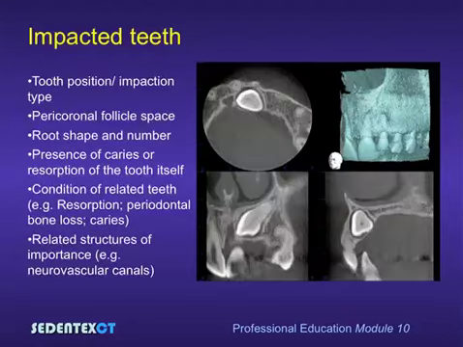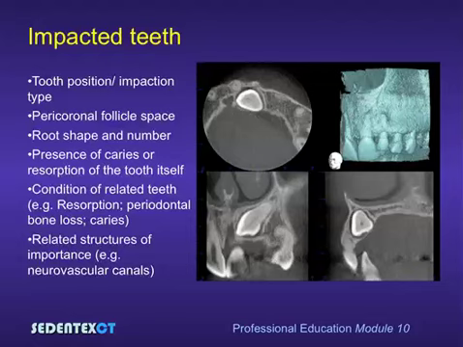When we're looking at an unerupted tooth on a cone beam CT scan, we should look at the images in a systematic manner. An approach is illustrated here. We can look at the tooth position or impaction type.